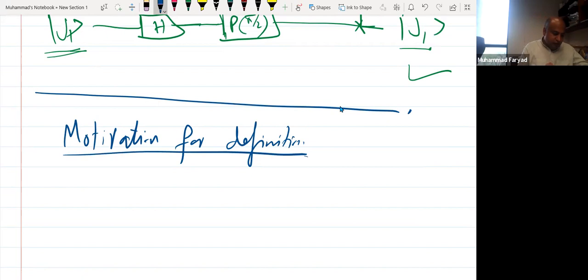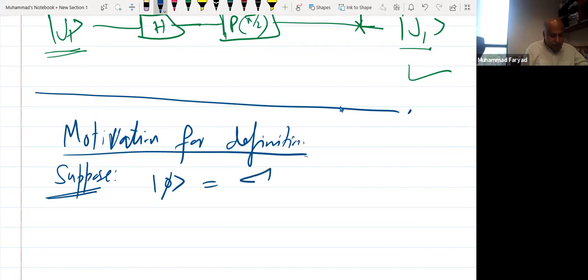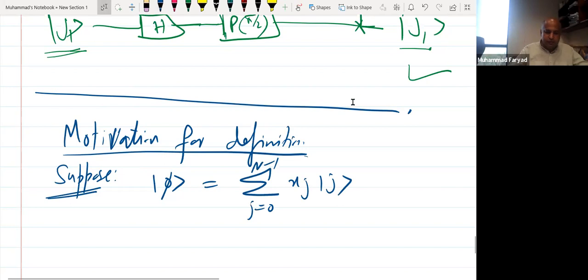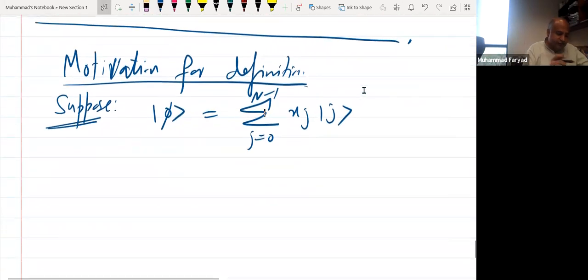For that, let's see this. Suppose I have a quantum state phi, which is a superposition state like this. Let's say we transform this state under the definition that we have just proposed.